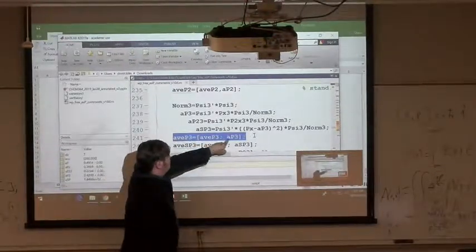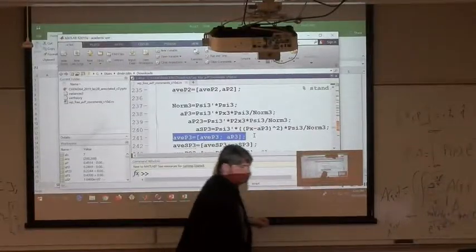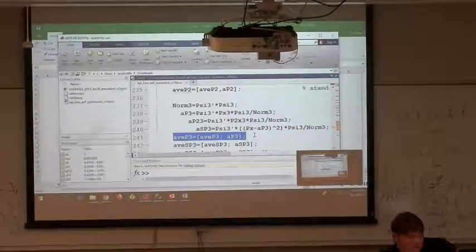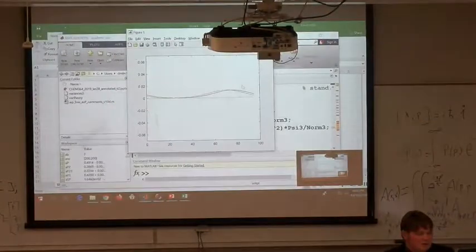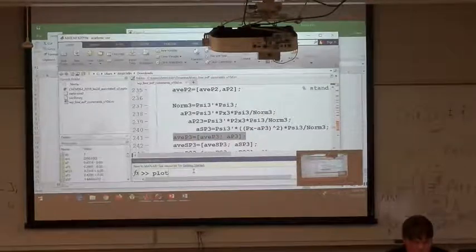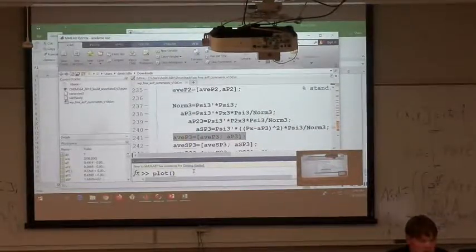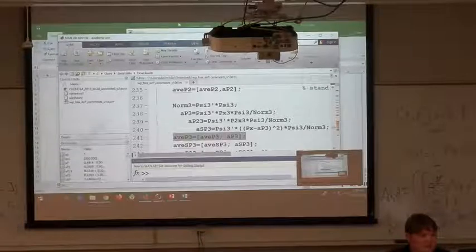AP3 is accumulated into this variable. So if you want to check what was the expectation value of momentum for this problem, I would plot AVP3. And likely there will be an error message.